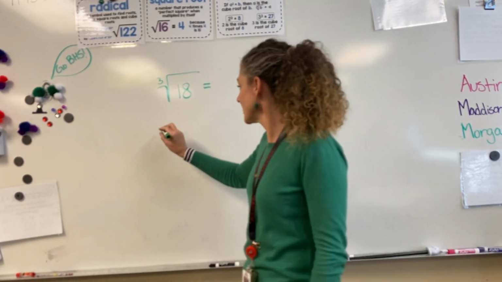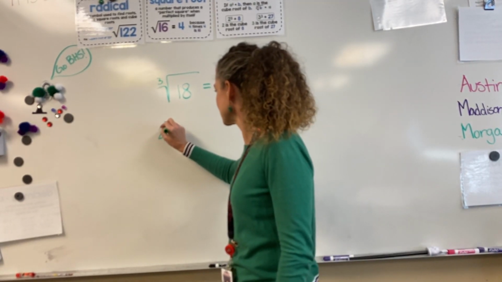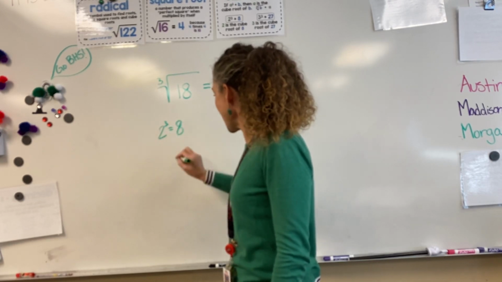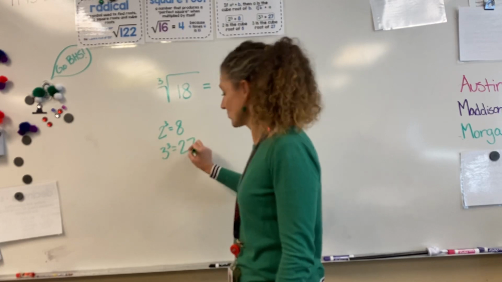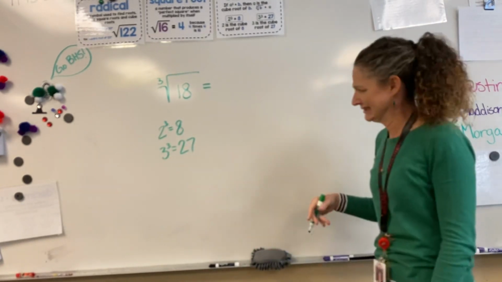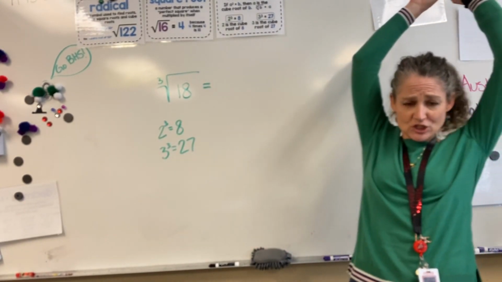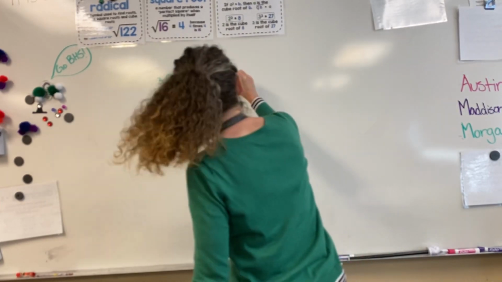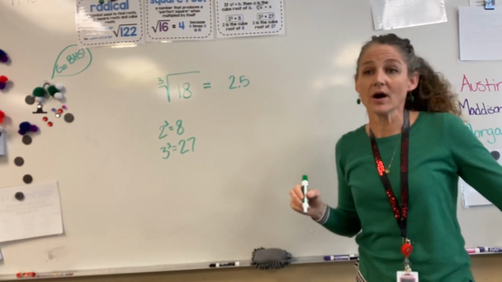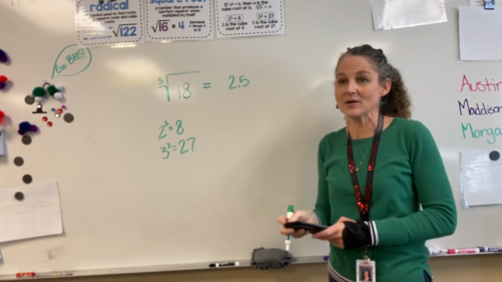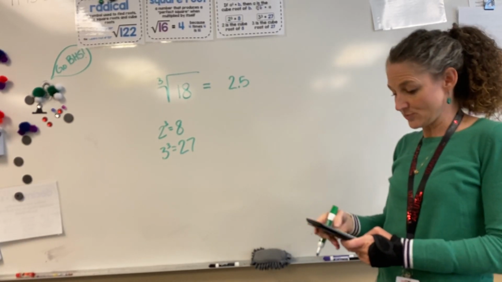Well, we know that 2 cubed is 8, and we know that 3 cubed equals 27. We just kind of learned those, right? Carson says 2.5.